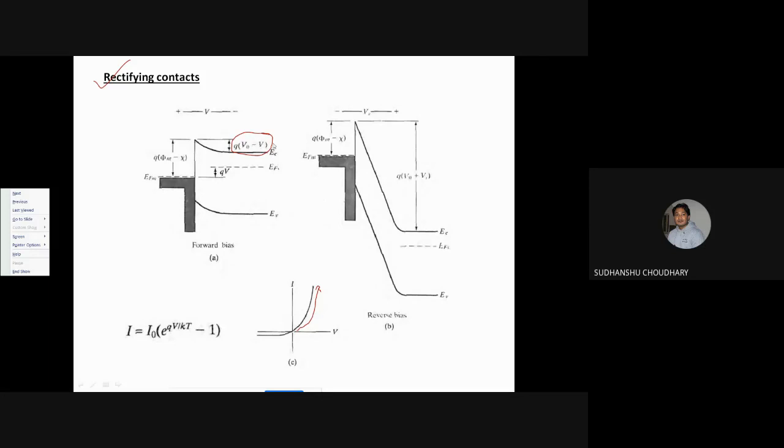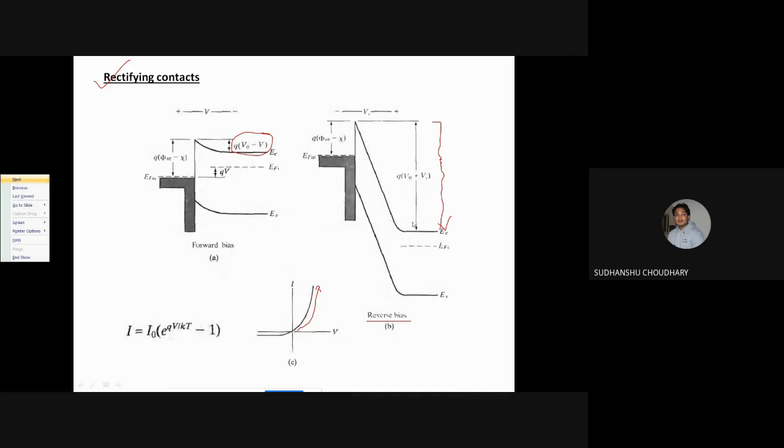Now, if you apply a reverse bias on the Schottky contact, the barrier potential, that is the Schottky barrier, further increases. And this becomes qV0 plus VR, depending upon whatever reverse bias you are applying.